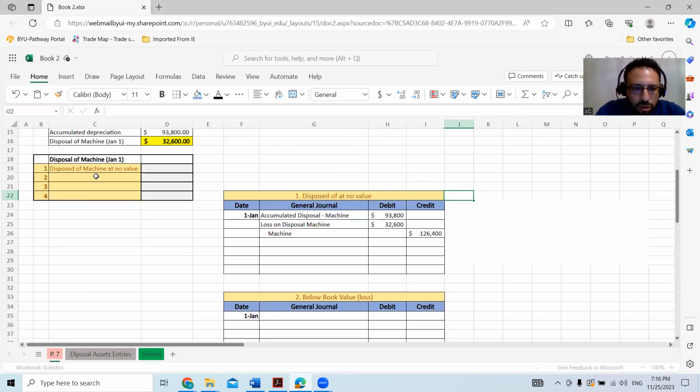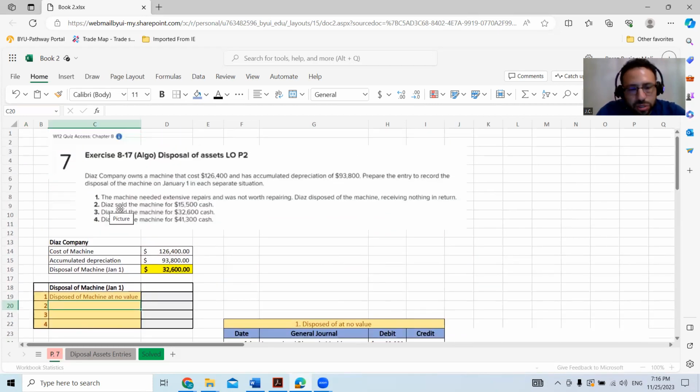So for the second one, they're asking us, they say we sold the machine for 15,500 cash. So this is the book value. This is also the book value, and anything we sell below this amount, we lose money. Anything above, we gain money.